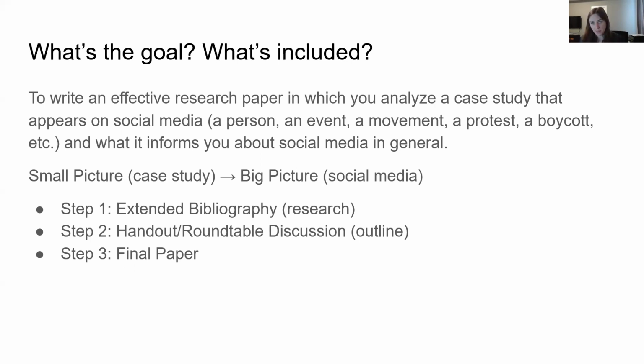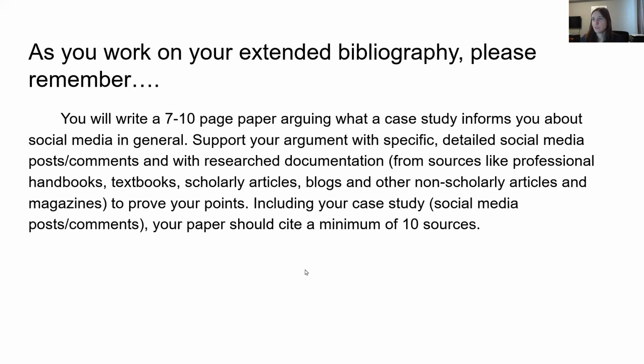The second step is you are going to create a handout based on your case study, and then we're going to have a roundtable discussion as a class. And then finally, your third step is writing the APA paper.